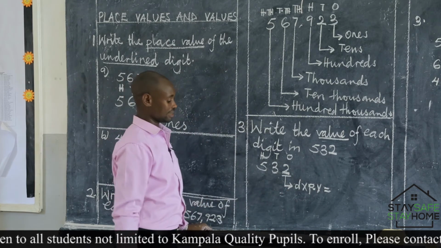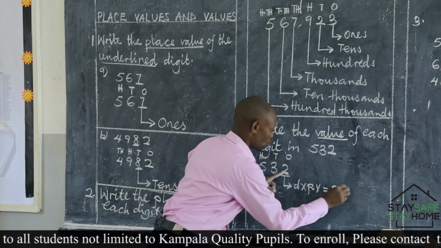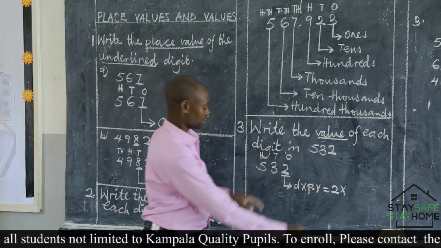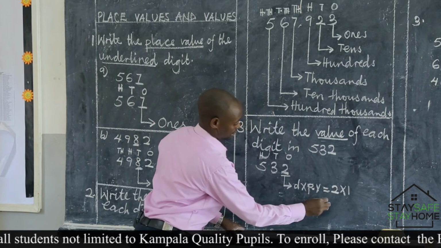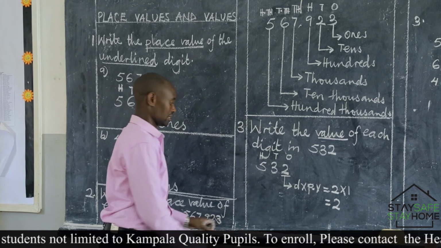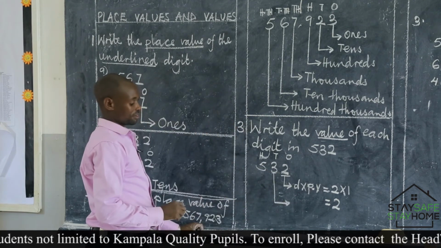So in this case, which one is the digit? The digit is 2. What is its place value? Ones. So I multiply by 1. And what am I getting? 2. You see that?